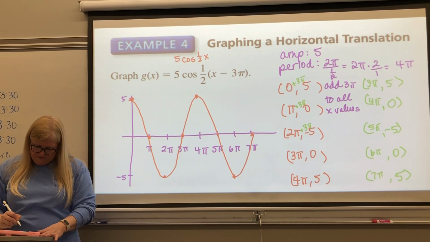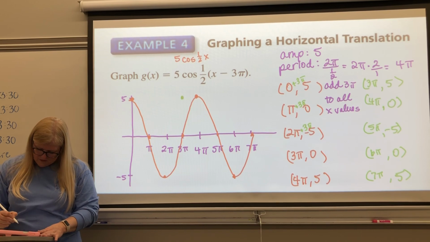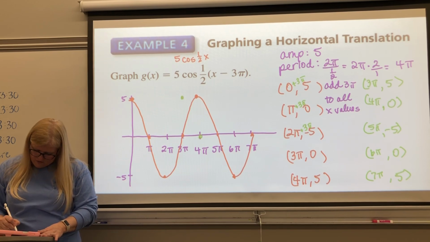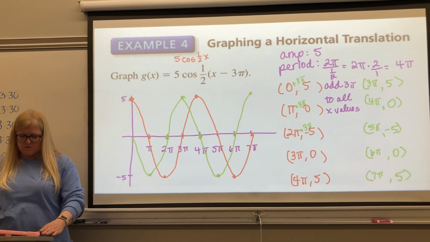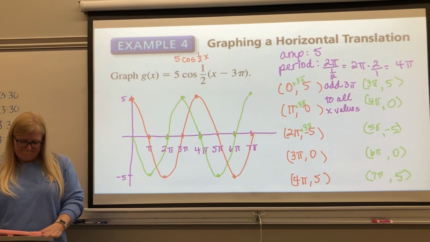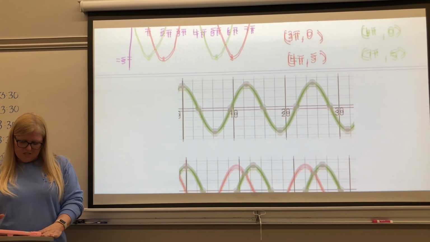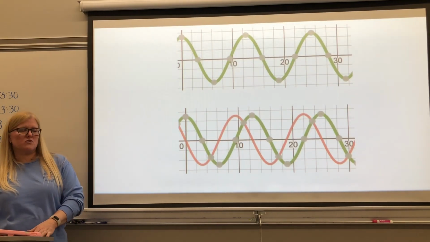So at 3 pi, 5 is here. 4 pi is 0. 5 pi is down here. 6 pi is here. 7 pi is here. Here's 1 cycle. Now again, if I wanted to keep going, then we would have that, which is kind of cool looking. Okay, and this is what it looks like on Desmos.